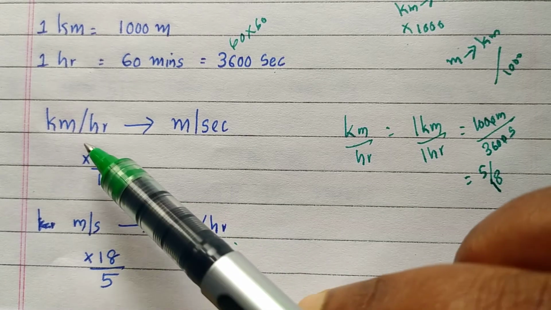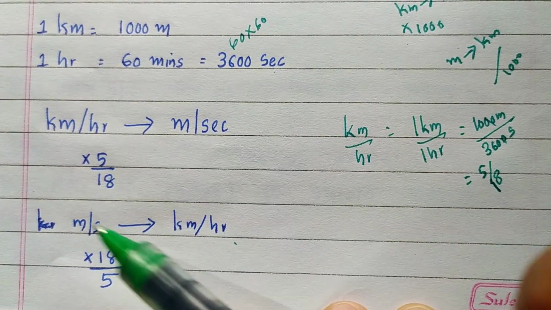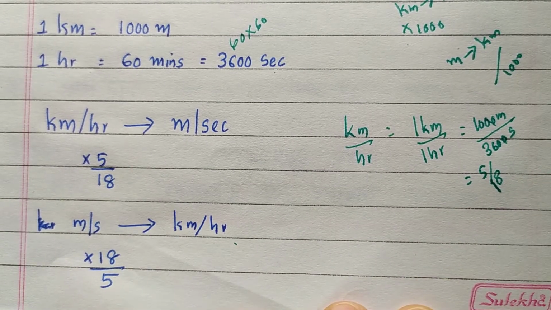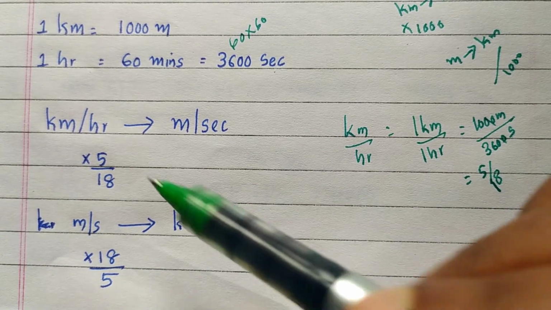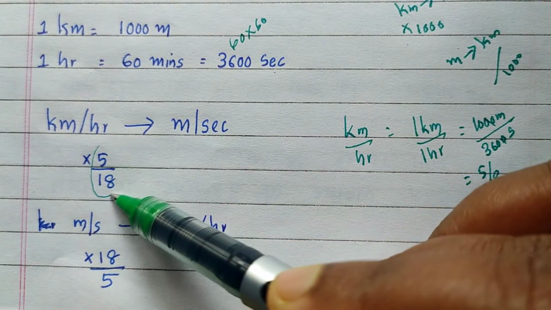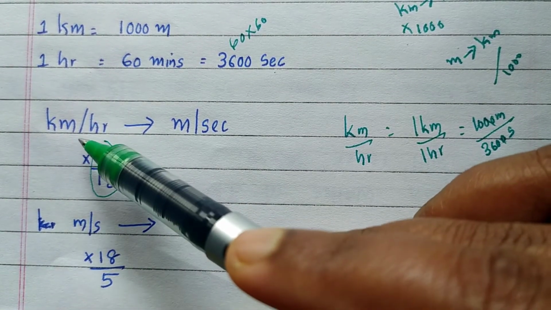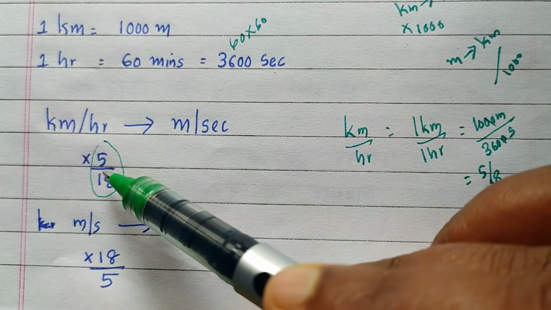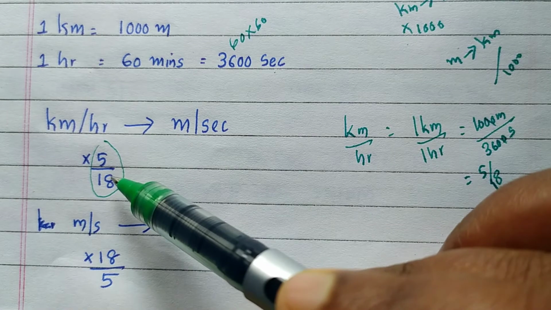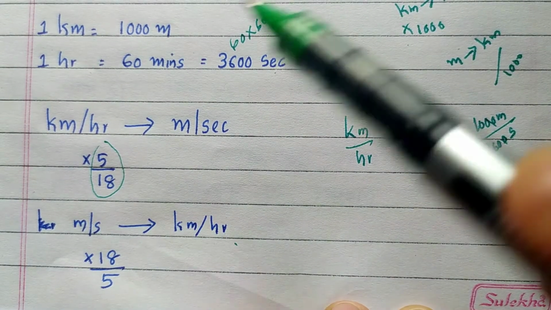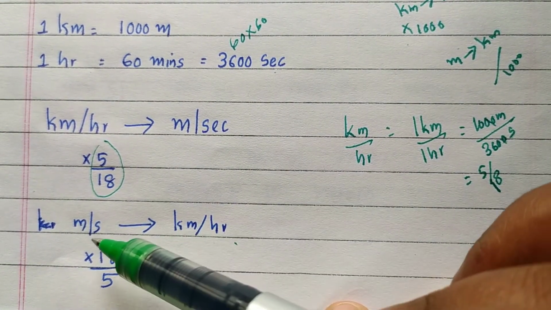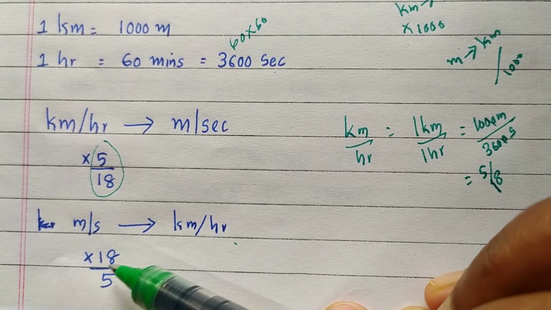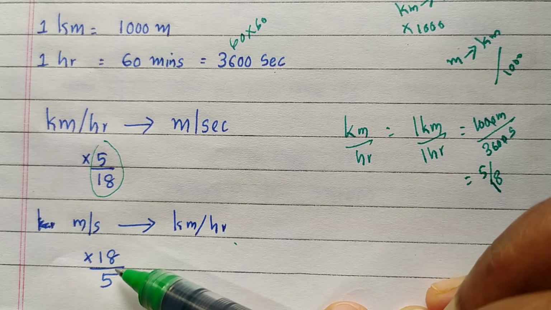So to convert kilometer per hour into meter per second, we have to multiply it with 5 divided by 18. So we have to remember this fraction. For the reverse conversion, that is meter per second to kilometer per hour, we have to multiply it with 18 by 5.